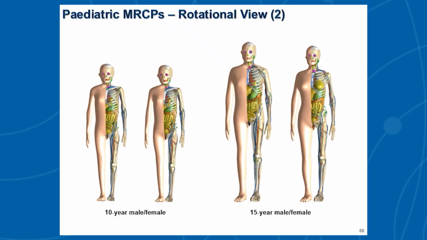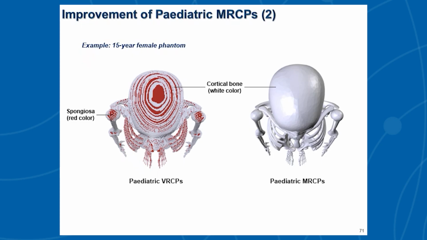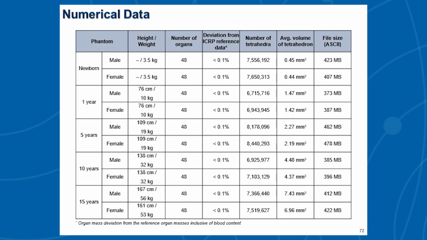In the voxel phantoms, some organs such as breast and muscle were exposed outside the skin, but this issue was fully addressed in the mesh phantoms. Likewise, in the voxel phantoms, the spongiosa was significantly exposed outside the cortical bone, but in the mesh phantoms, it was fully enclosed.